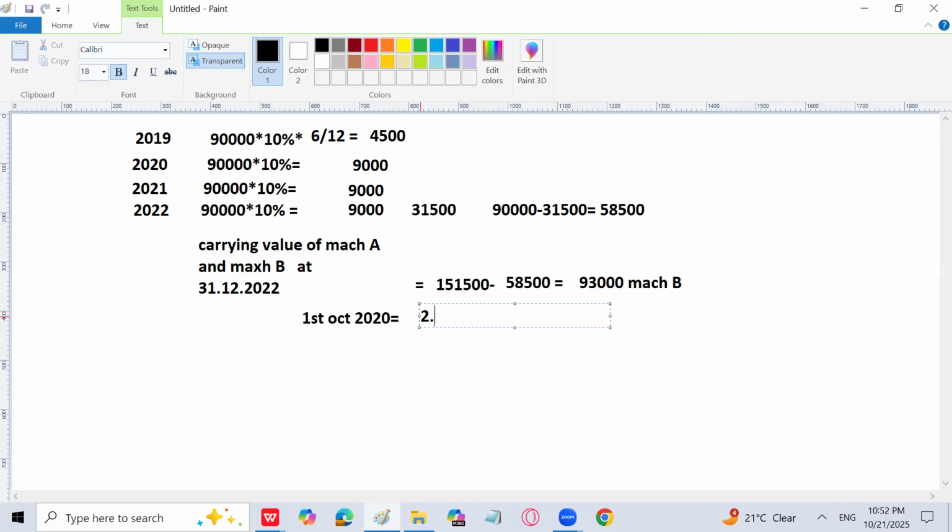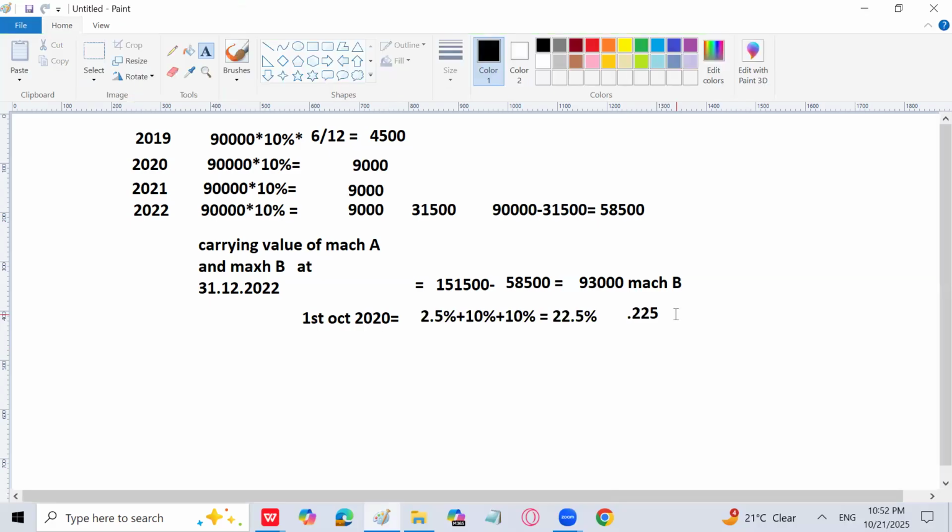So that is going to be 2.5% in the first year. Then in 2021, it will depreciate by 10%. Then again, it will depreciate by 10% in 2022. So the total depreciation which should have been charged is 22.5%, which is 0.225.